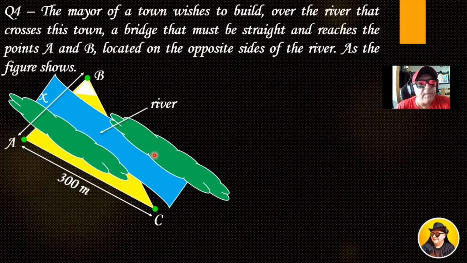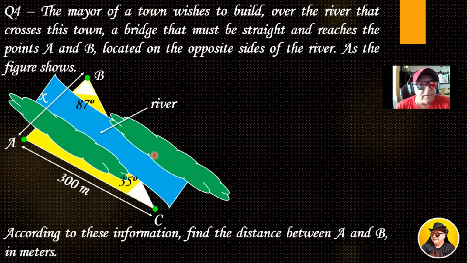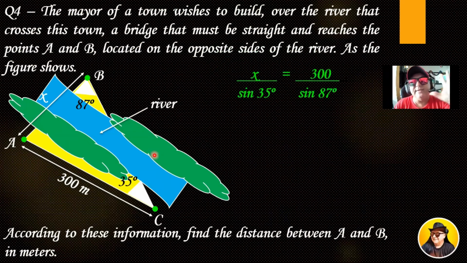So, angle B is 87 degrees. Angle C is 35 degrees. According to this information, find the distance between A and B, in meters. Okay, let's apply the law of sines. So x is over the sine of 35 degrees and 300 is over the sine of 87 degrees.